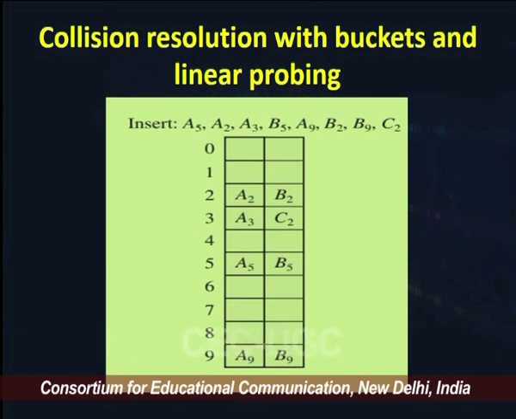If the bucket overflows, then within the buckets there is linear probing. In the second slot, which has A2, there is a colliding element B2, and let us say that bucket is full. If C2 comes, linear probing is done within the buckets, and the next available slot, which is the third slot of the bucket, is filled by C2.